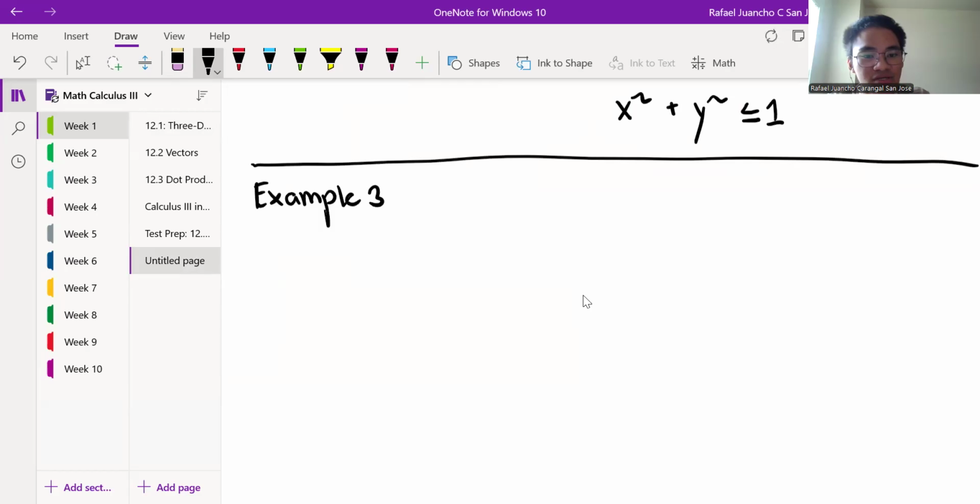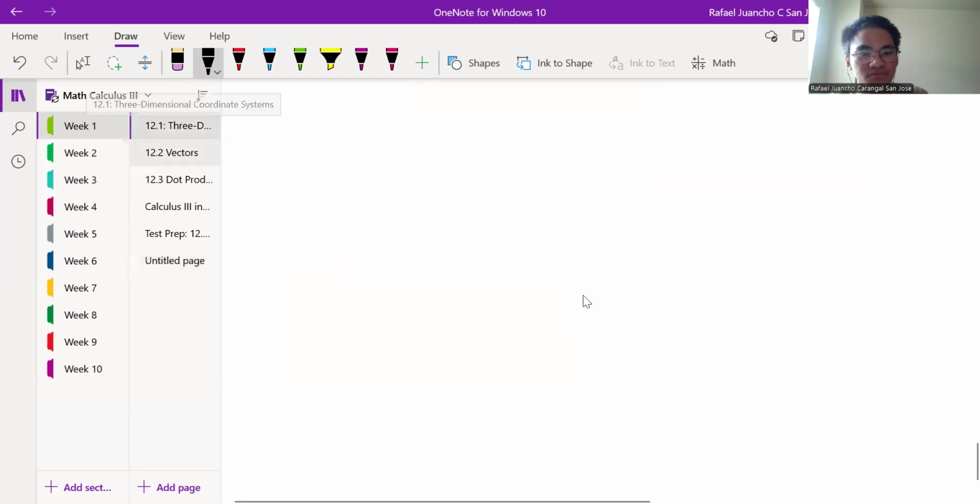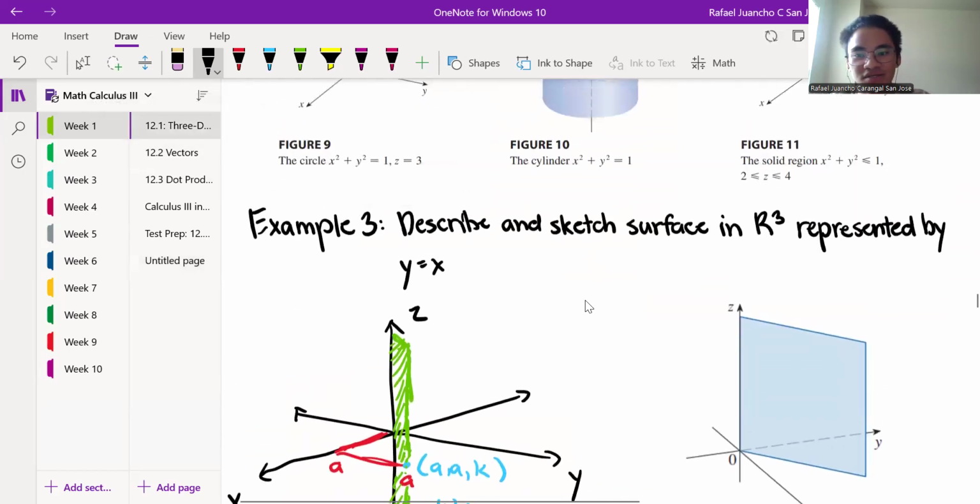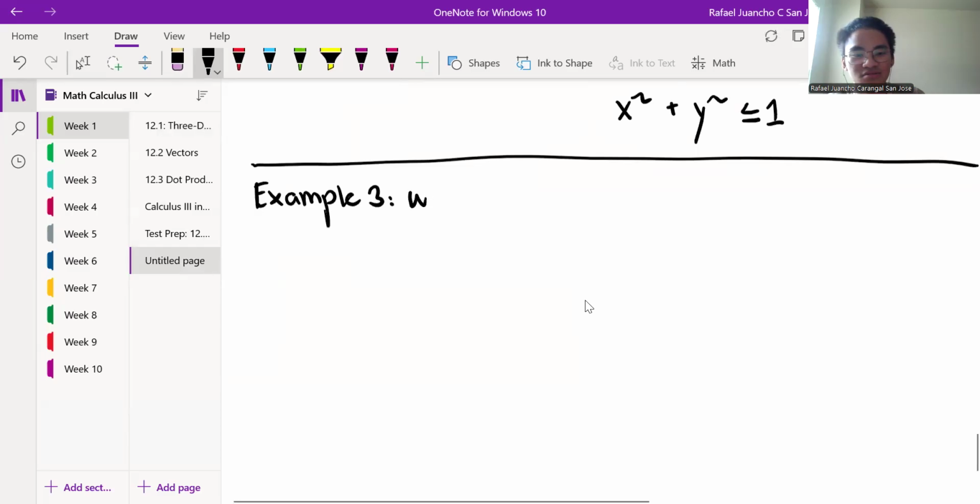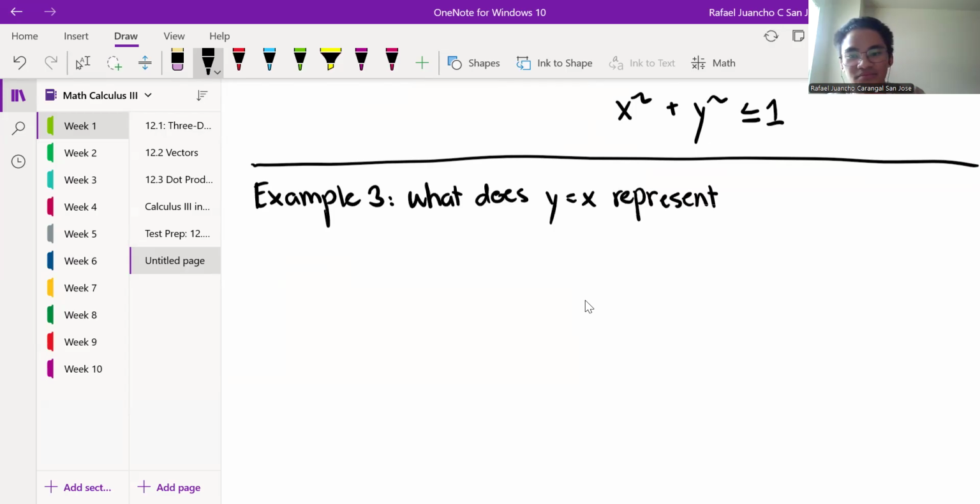Example 3: what's the surface it represents in R cube when y equals x? So what does y equals x represent in R cube?